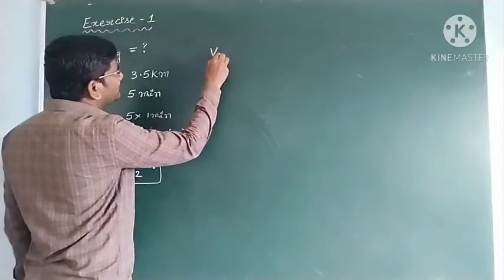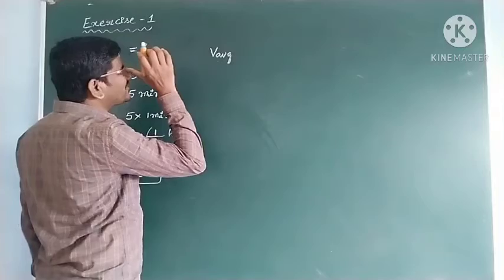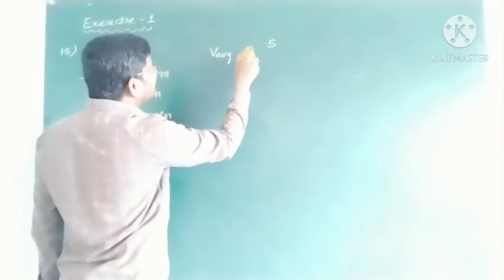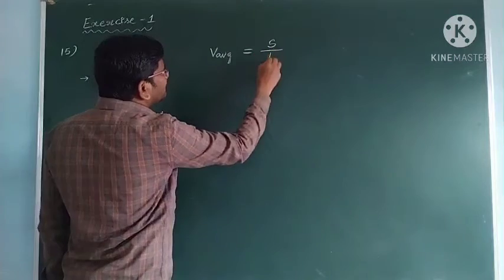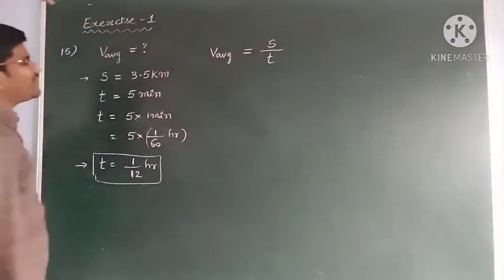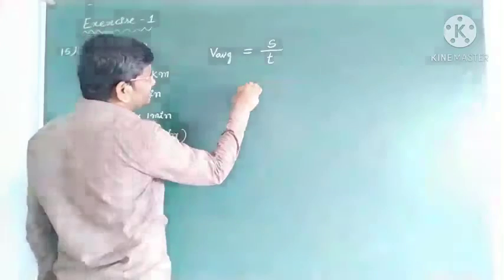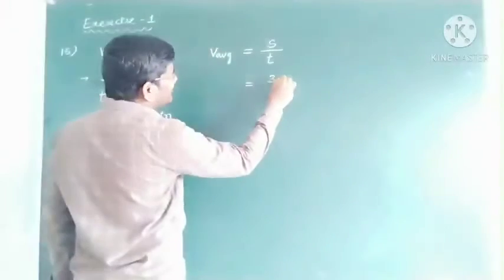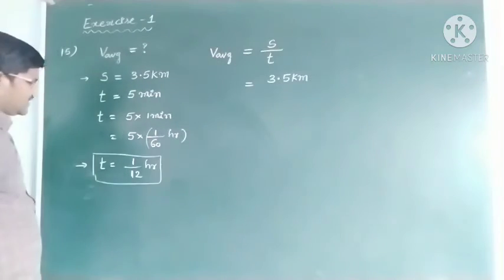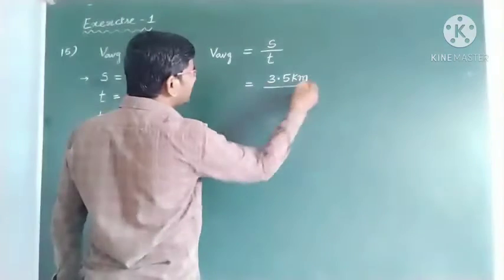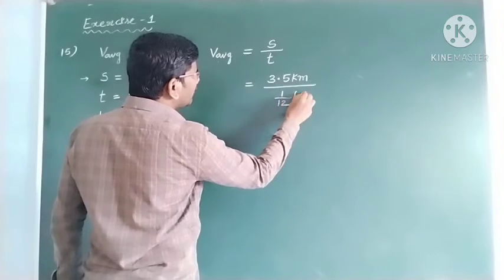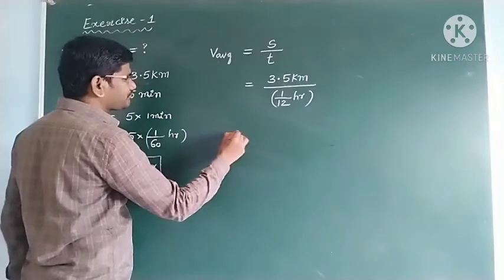Now V average is equal to total distance by total time taken. So total distance we will write it, 3.5 kilometers. Total time is 1 by 12th of the hour.